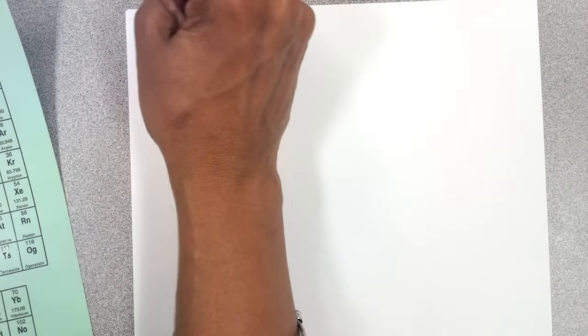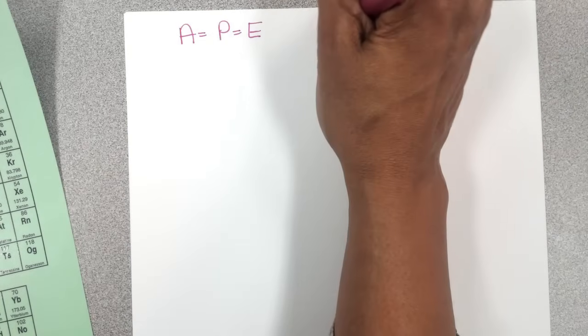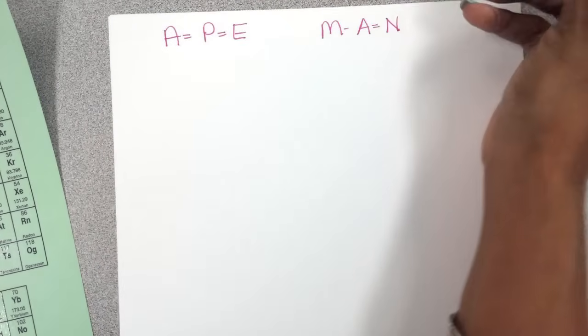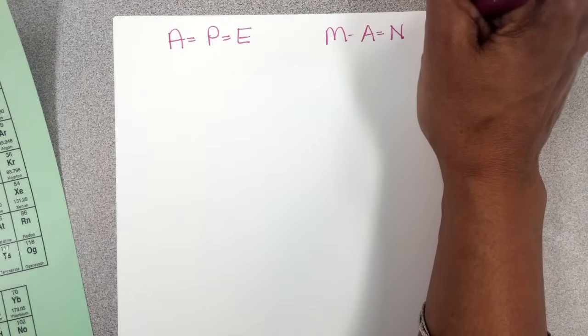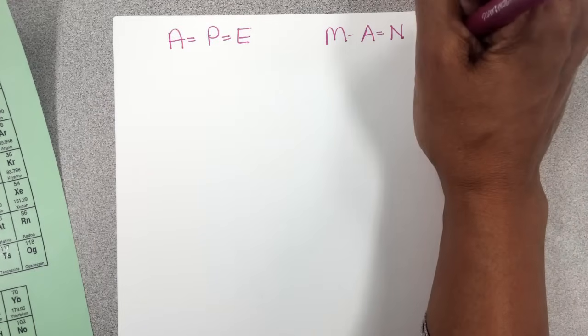So we'll start off by writing atomic number equals protons equals electrons, and then mass minus atomic number equals the neutrons, and then we're also going to put the charge of the nucleus.